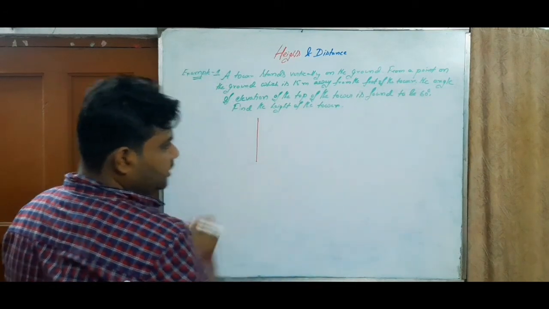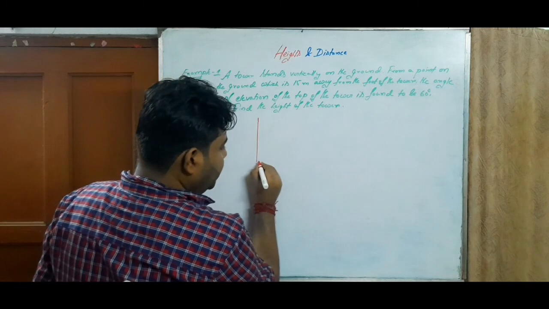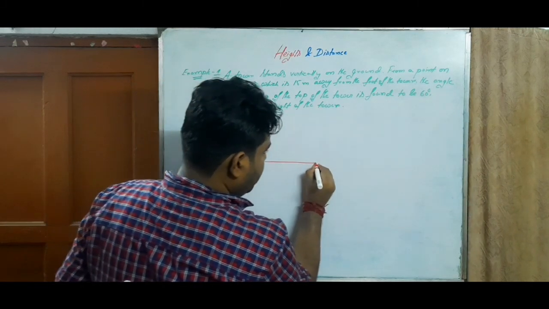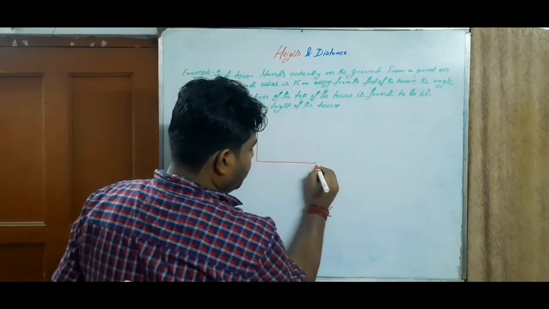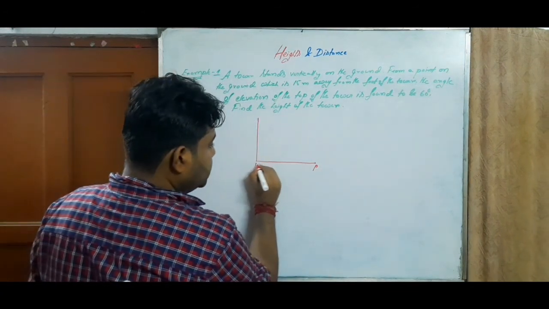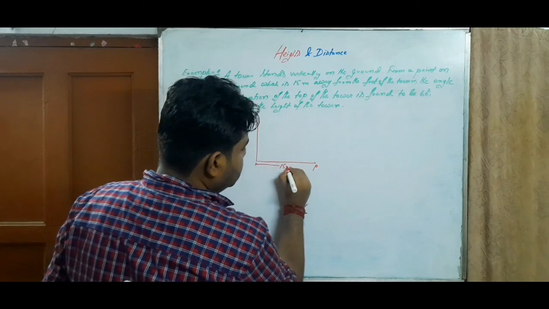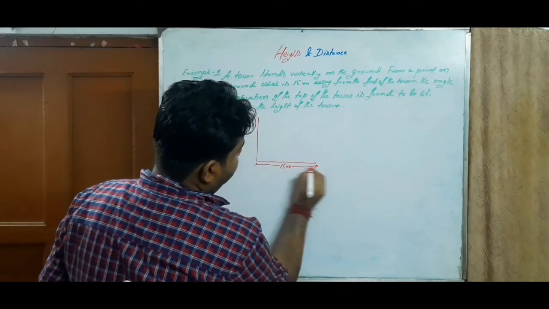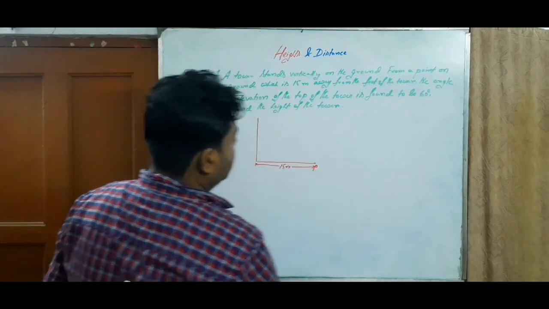So this is the foot of the tower, and a point 15 meters away from the tower. This is the point, I am naming it P. This is 15 meters away from the foot of the tower.